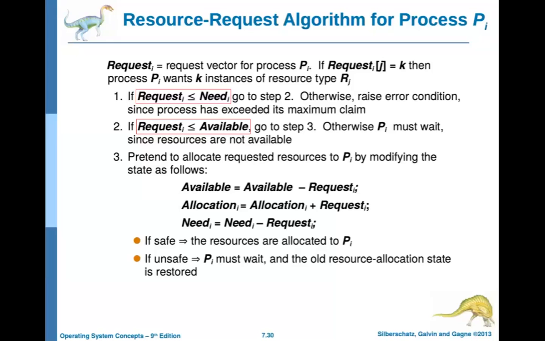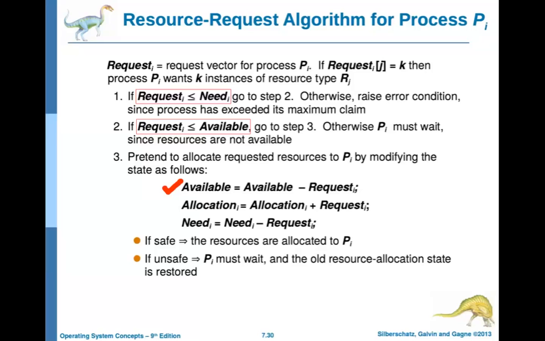Here we'll pretend that we have allocated the resources to process Pi, because requested resources are less than available resources. Because we have allocated, available will be reduced. Available is how many resources are available. If I say the request is granted, whatever the requested resources are must be reduced from available. So Available becomes Available minus Request of i.